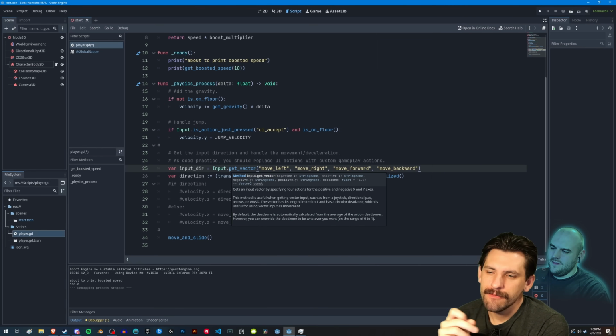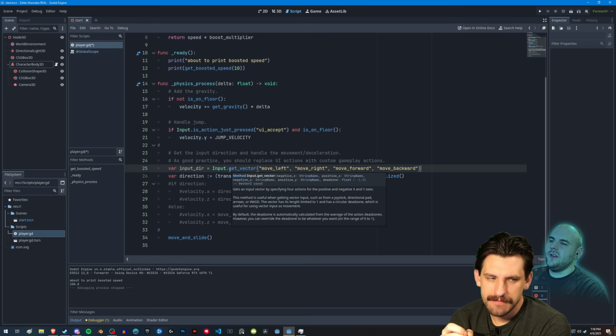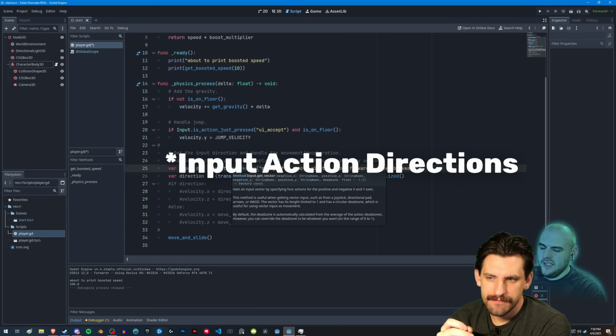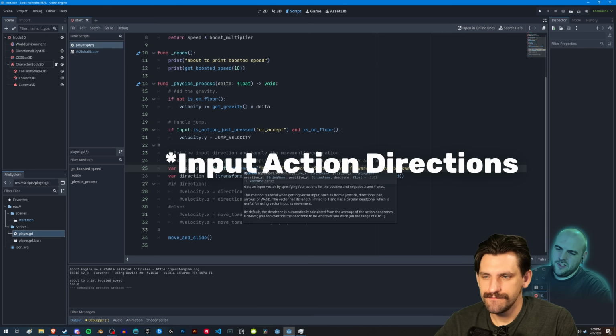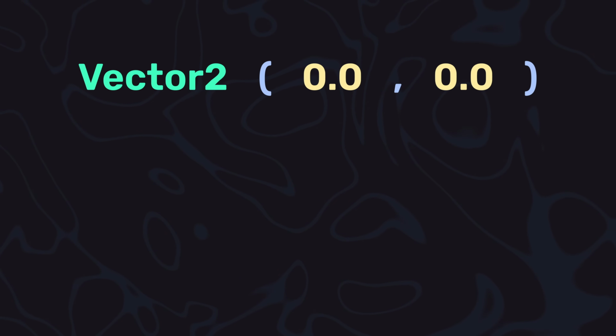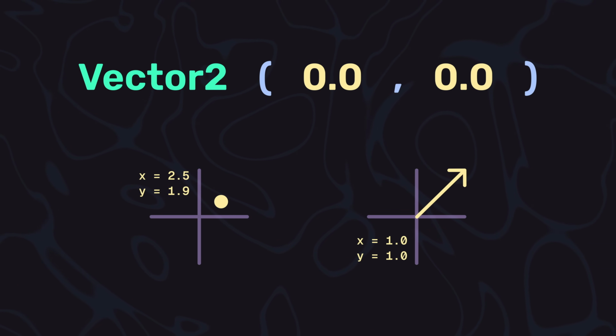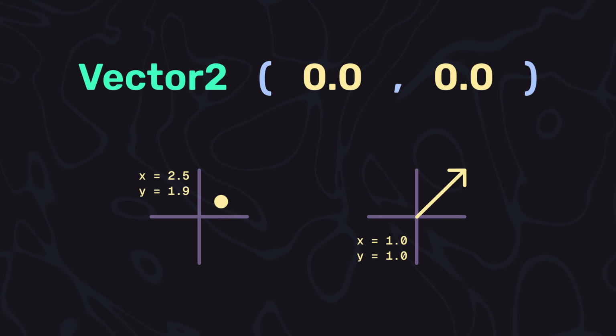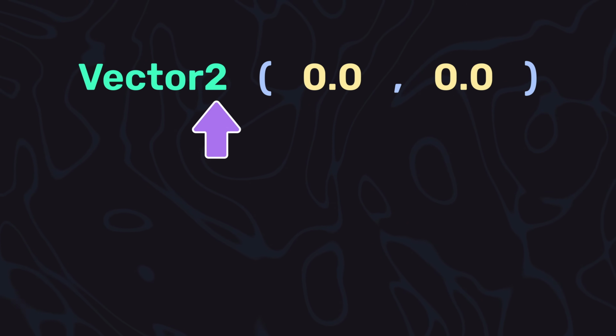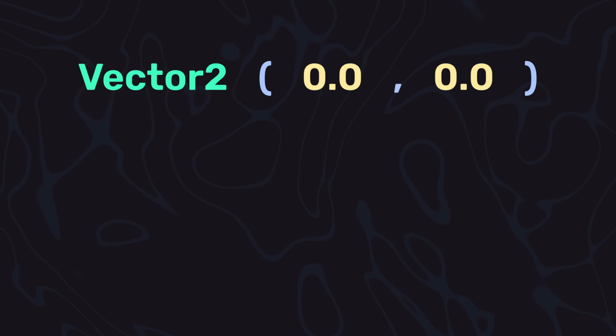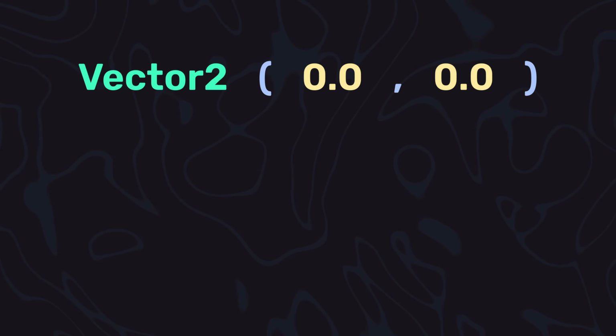The vector would be the direction, but it's getting multiple values with the commas. The commas here are the components that build up the vector. Vectors are something we're going to see a lot in game programming. They can represent a point in space or a direction of something. Usually they'll be their own type called Vector with a capital V, and the number at the end tells you how many numbers are inside the vector, because a vector is just a sequence or set of numbers.